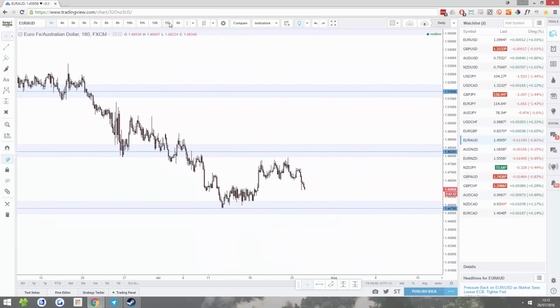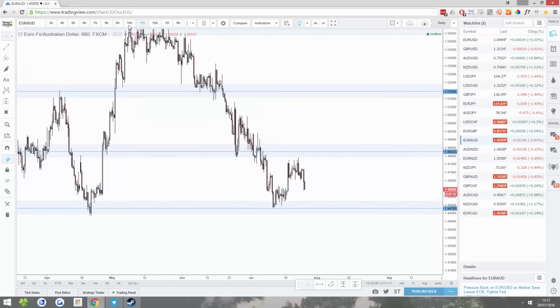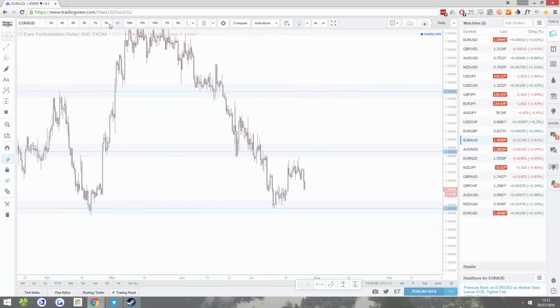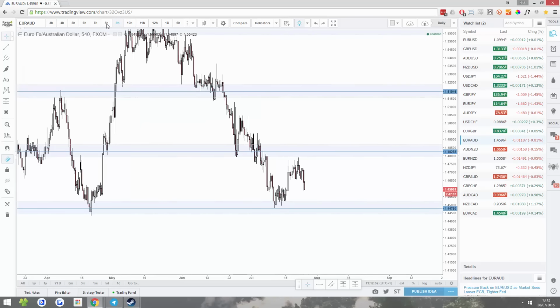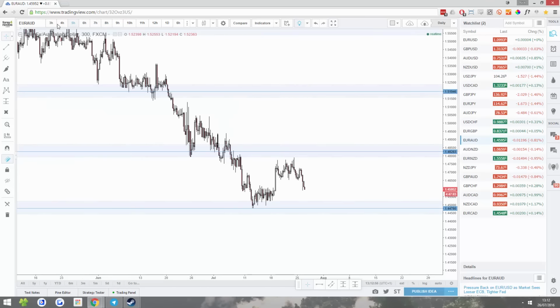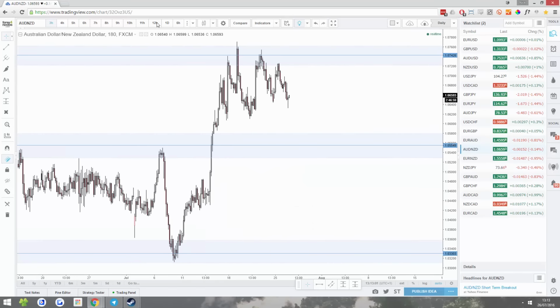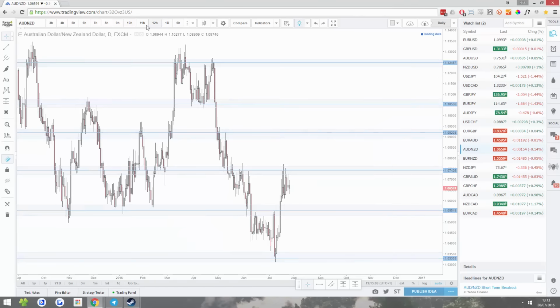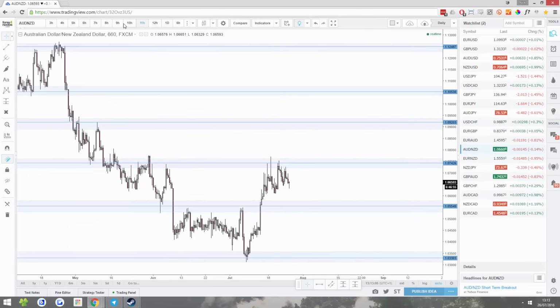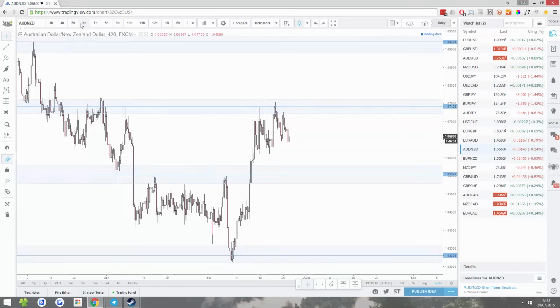Euro AUD is between two support resistance areas, so it's unlikely we're going to see any setups. AUD New Zealand is between two support resistance areas, so again, unlikely we're going to see any good setups.